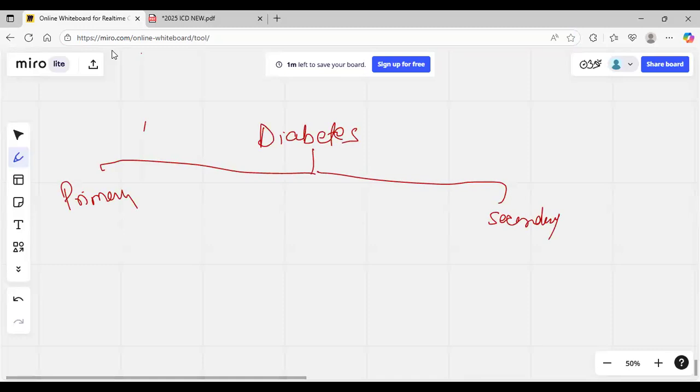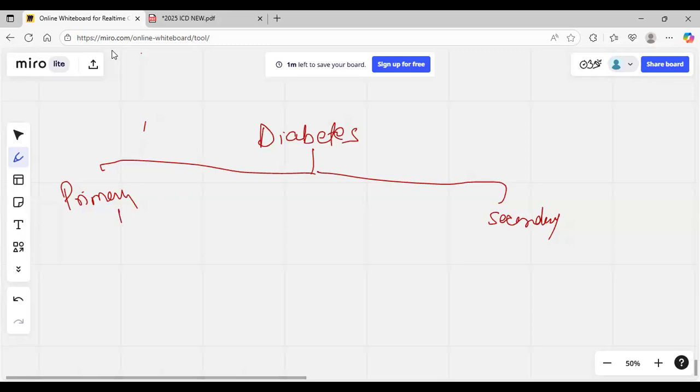Primary diabetes means the patient has normal diabetes, like hereditary diabetes or juvenile diabetes. These are diabetes where the patient is not able to produce insulin. That is primary diabetes.